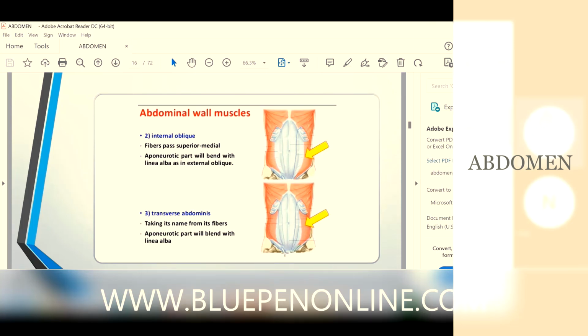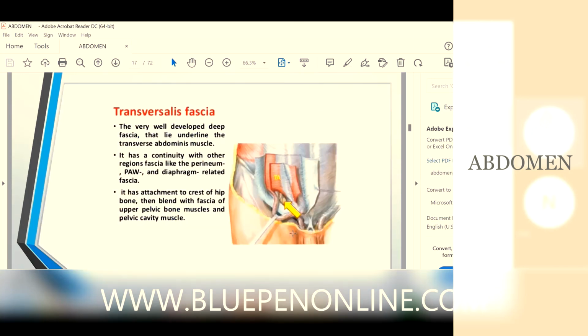The fibers pass transversely, and its aponeurotic portion also blends with the linea alba. And next is the transversalis fascia. This is a deep fascia just below the transversus abdominis muscle. You can see this. Okay, and it has continuity with the fascia of other regions, like the perineum, diaphragm and so on.